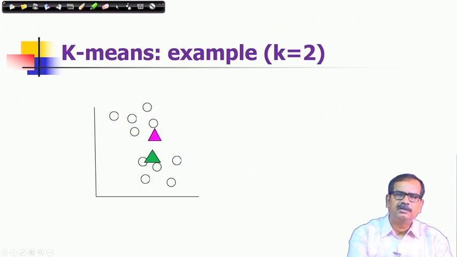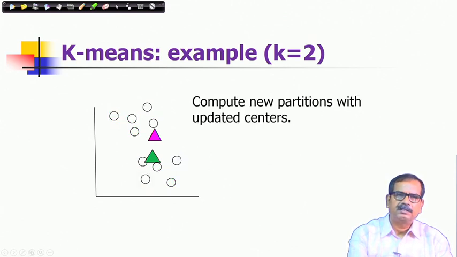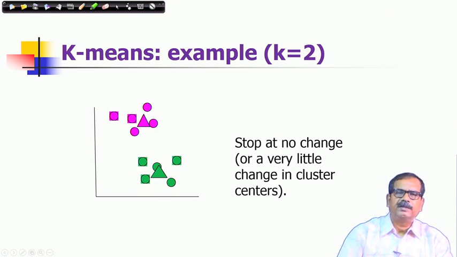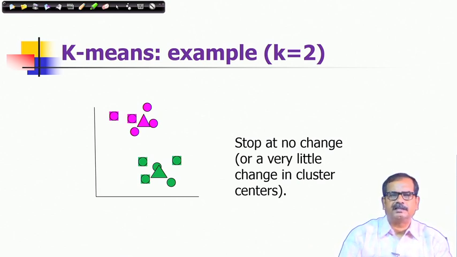Once again, you perform the partitions, you get new partitions here, and you should update the centers, and they will be moved further. In this way, after a few iterations, there is no change or very little change in cluster centers, and then you should stop. So, this is how the K-means algorithm works.